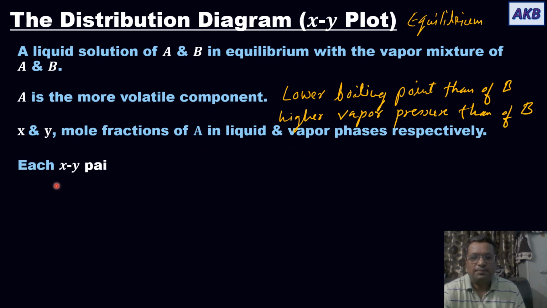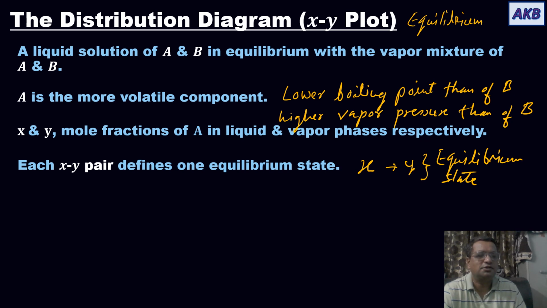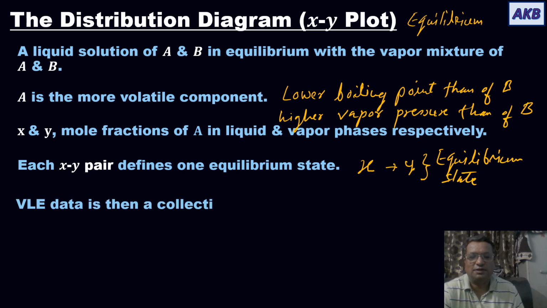Then each XY pair, that means for a value of X there will be corresponding value of Y, and each such pair defines one equilibrium state, and collection of many such XY pairs will be nothing but the vapor liquid equilibrium data.